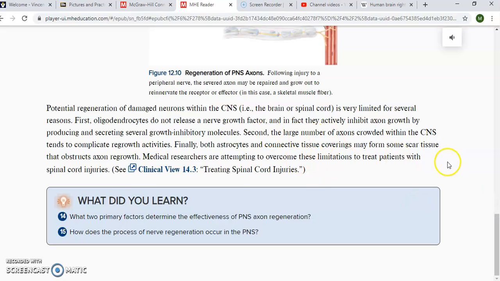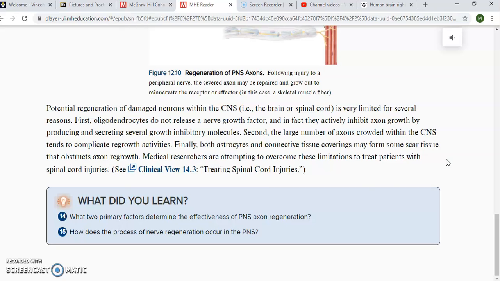The other thing is when we're in the brain and spinal cord, that's where we have most of the neurons and they're all crowded in there, very tightly packed. So it's really hard for neurons to regrow just because of the spacing. There's just not a lot of space for them to regrow in there. And then the other thing that happens, again, it has to do with the glial cells.